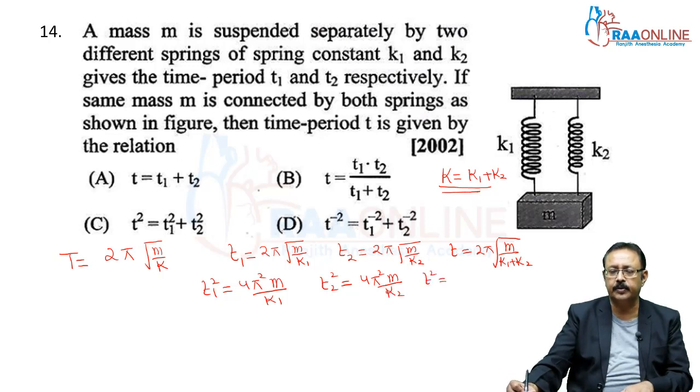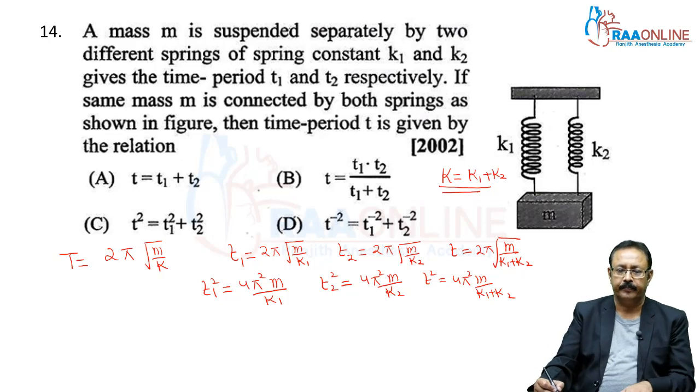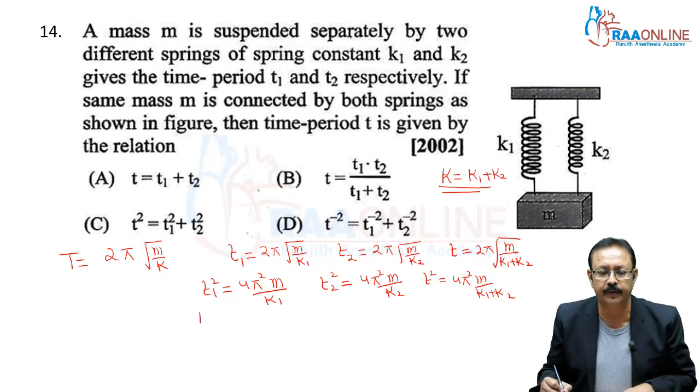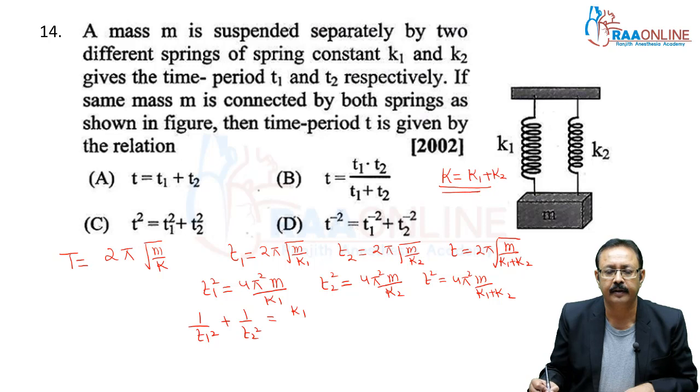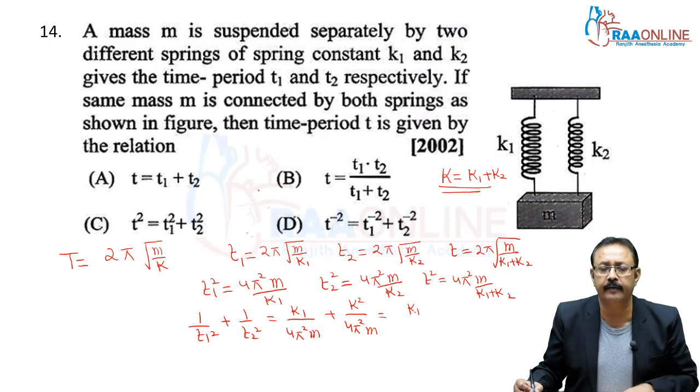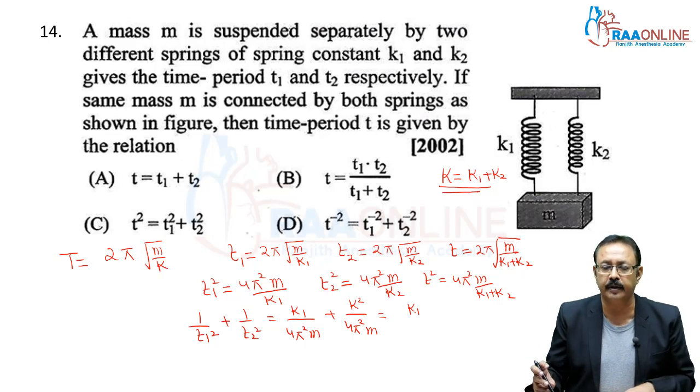T square is equals to 4 pi square m by K1 plus K2. See, what is 1 upon T1 square plus 1 upon T2 square? It is K1 upon 4 pi square m plus K2 upon 4 pi square m, means it is K1, it is K2.